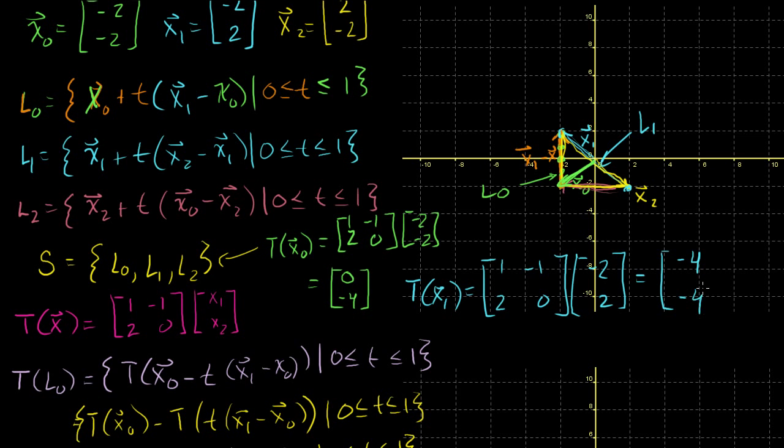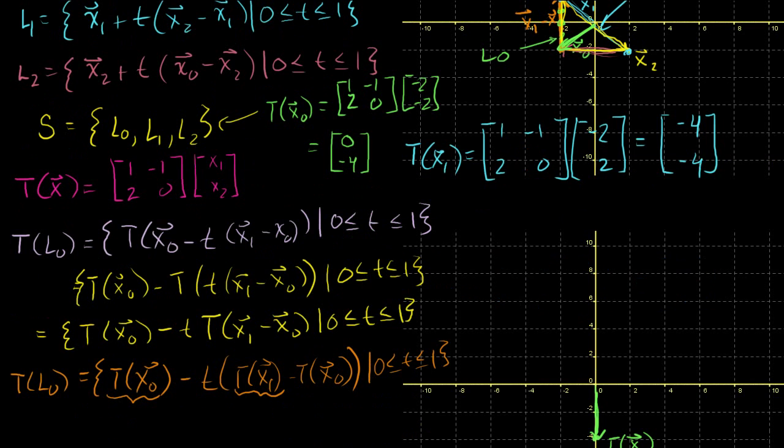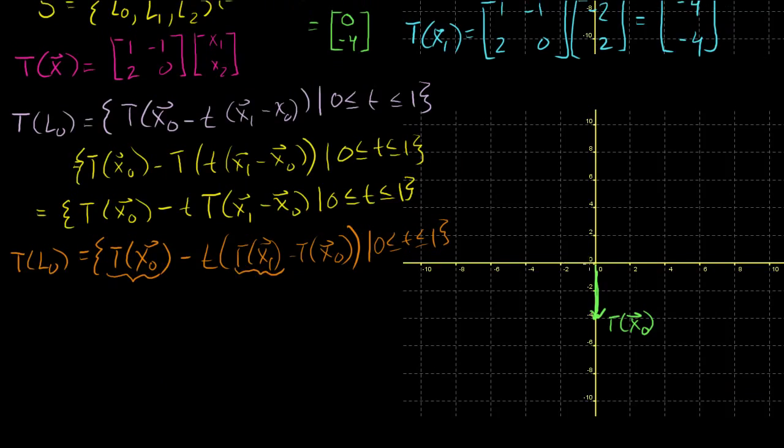So minus 4, minus 4. So the transformation of x1 is this vector right here in R2. Right? Our transformation is going from R2 to R2, so that's why I'm able to draw them both on this nice Cartesian coordinate plane.